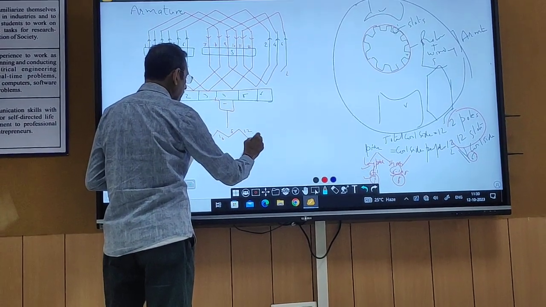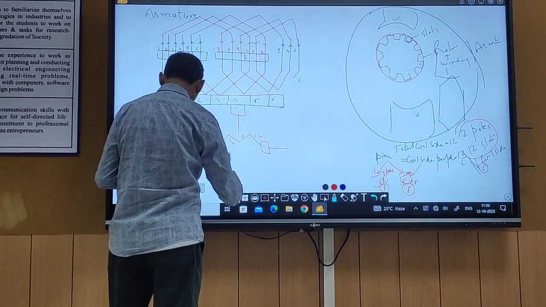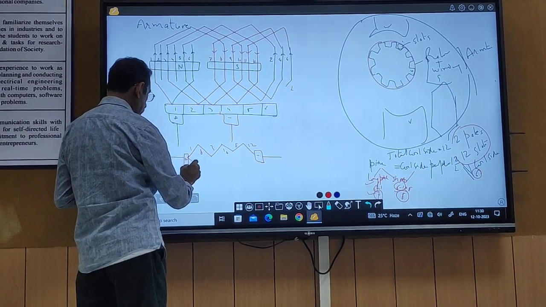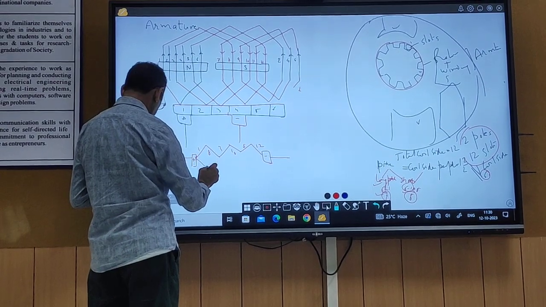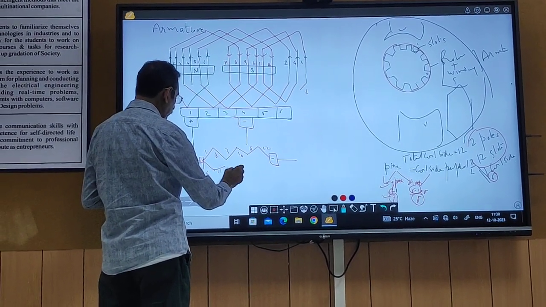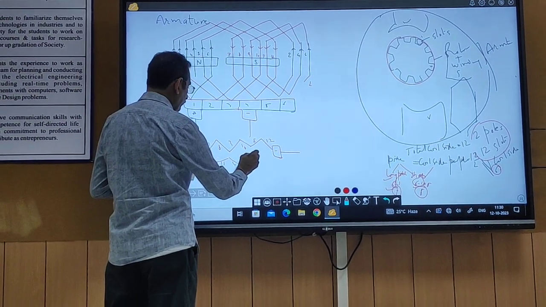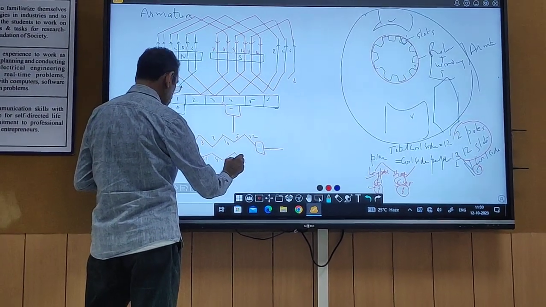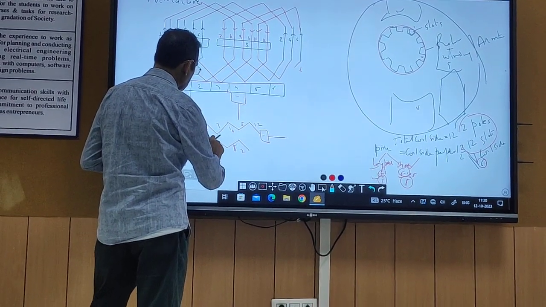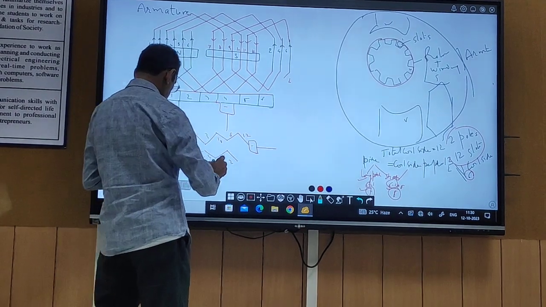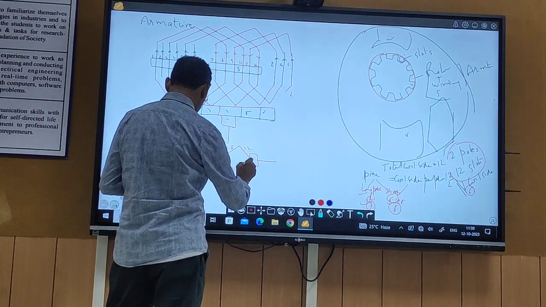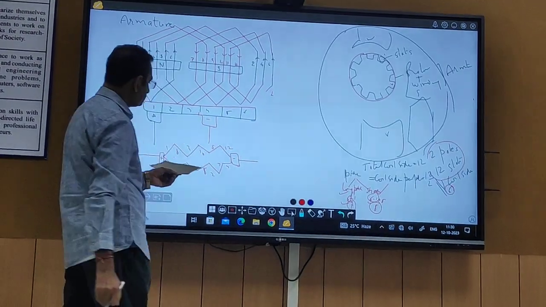This is the negative brush on this side. Then 6, 11, then from 11, 7 goes, 4, 5, 2, 7 and 4. Is this one clear or not?